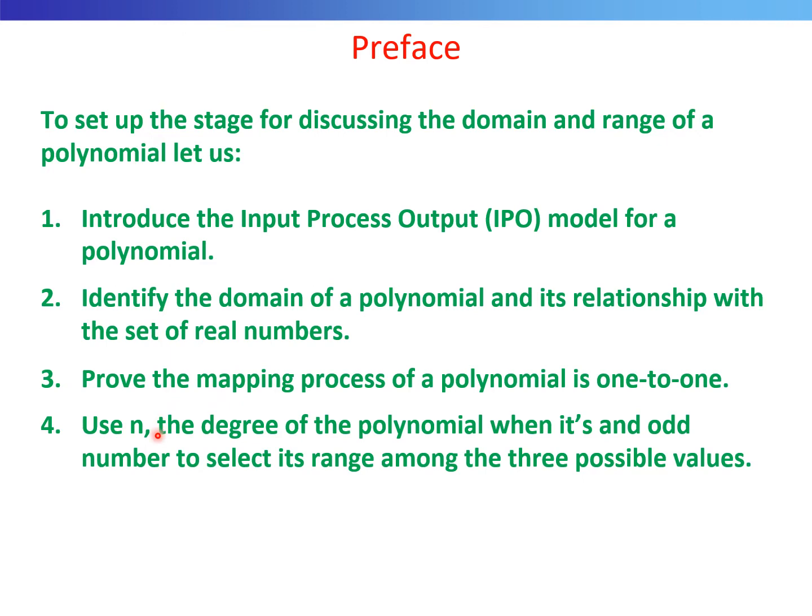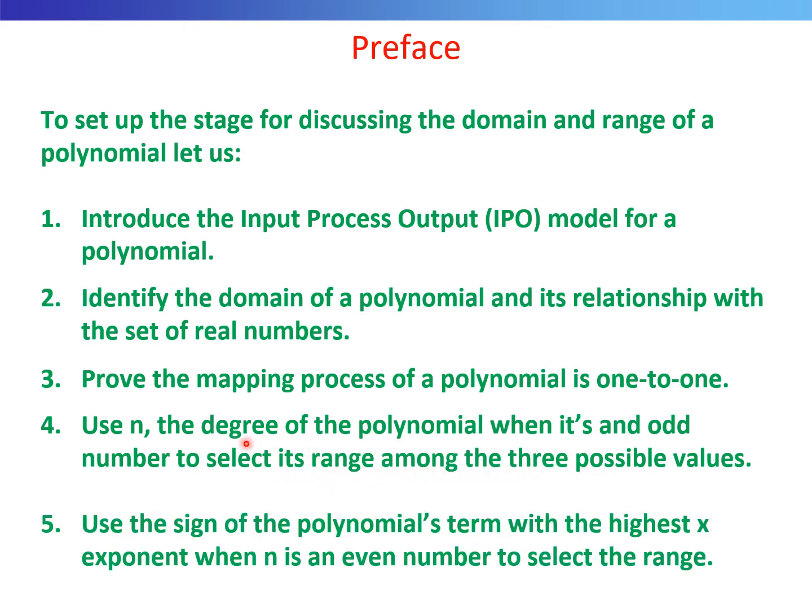Use n, the degree of the polynomial, when it is an odd number to select its range among the three possible values. Use the sign of the polynomial's term with the highest x exponent when n is an even number to select the range.